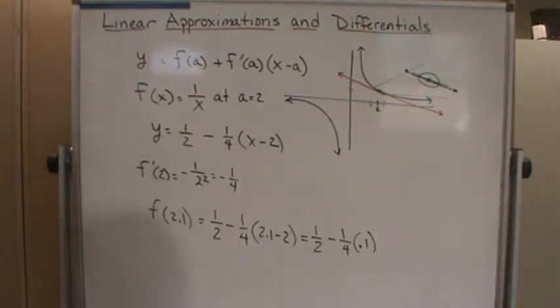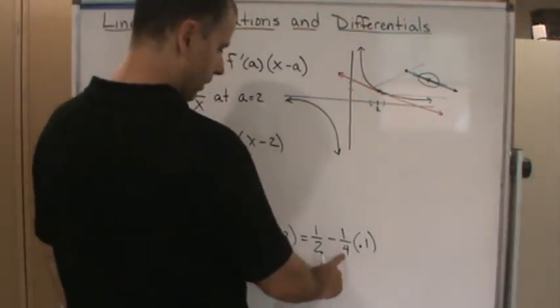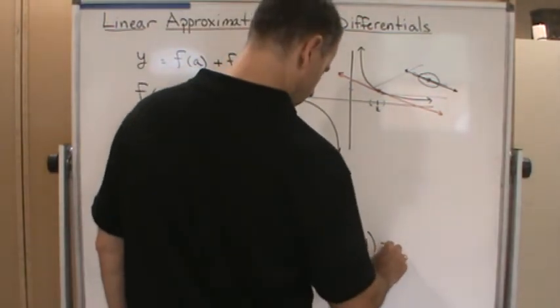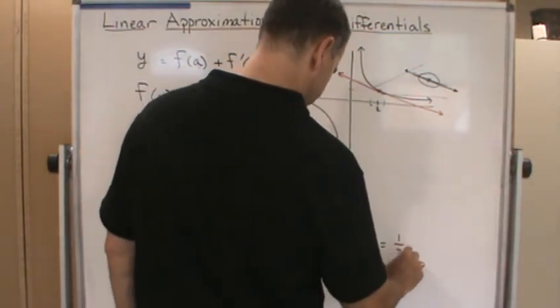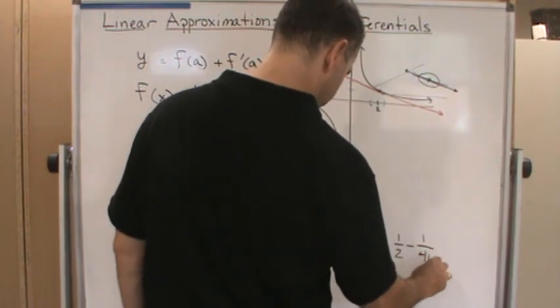Okay? And of course, this would be 1/10 of 1/4. So that would equal 1/2 minus 1/40th.